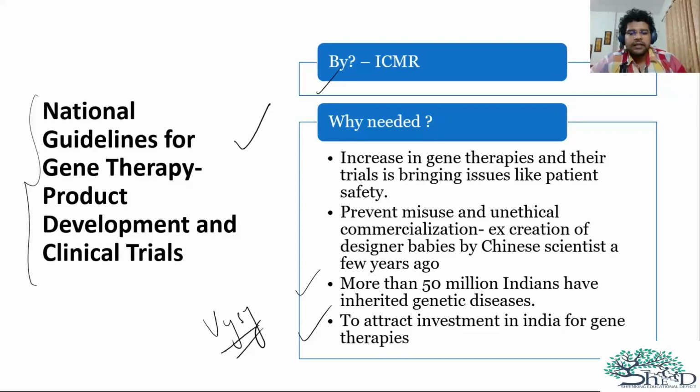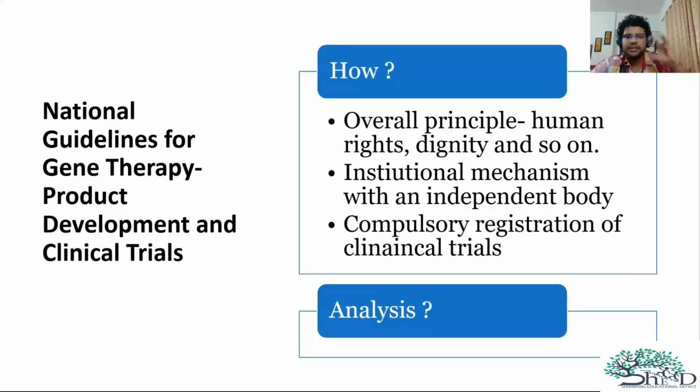Also, to attract investment in India for gene therapies, now that is a very common thing. All right. So this guideline is needed because things are developing and we need to have a proper regulatory mechanism. Understand it like this. Don't just read the thing. Try to understand why it was introduced. That will help you in understanding more and hence remembering more.